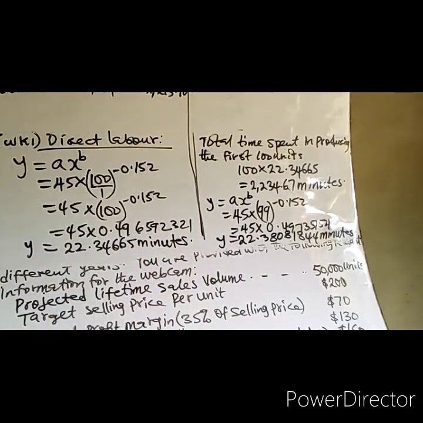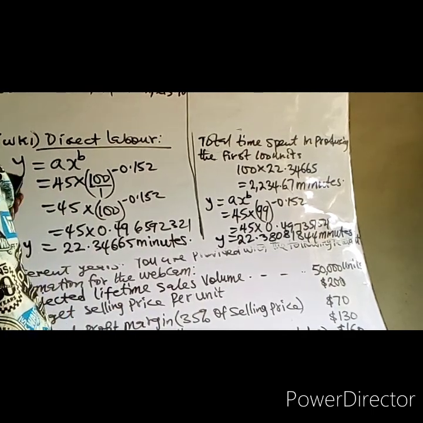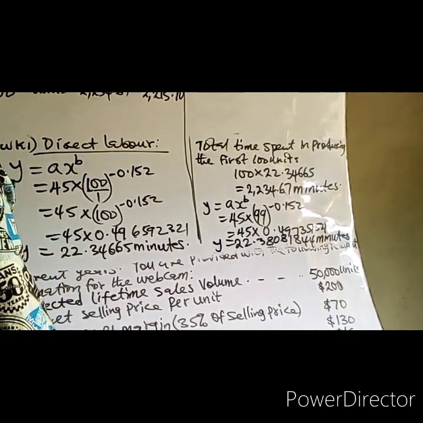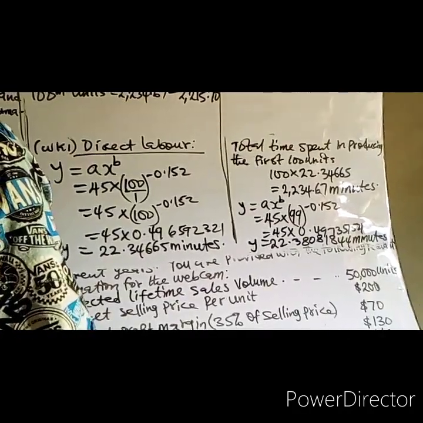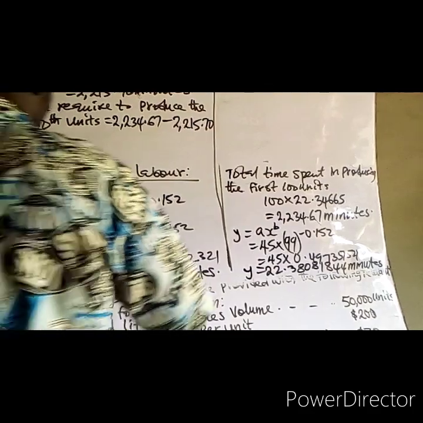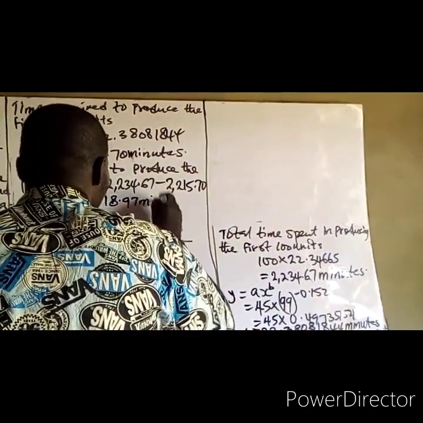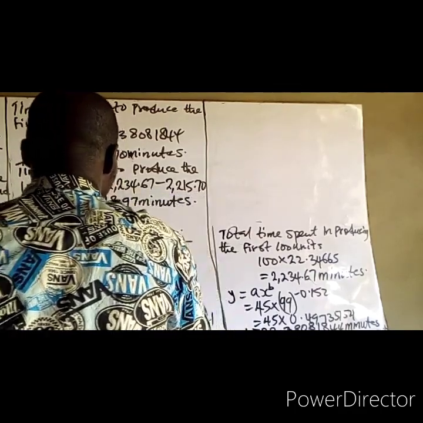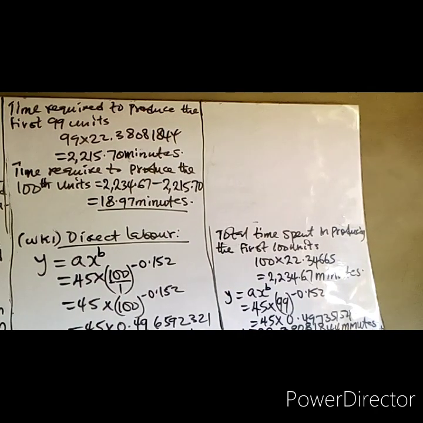If you now subtract that, 2,234.67 minus 2,215.70, that will give us 18.97 minutes.